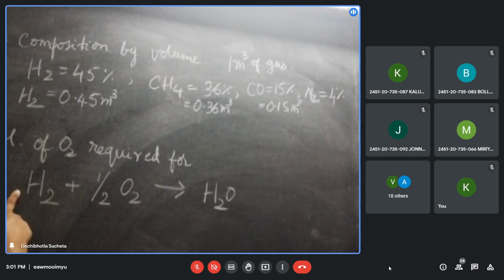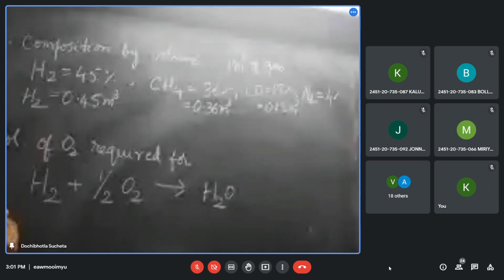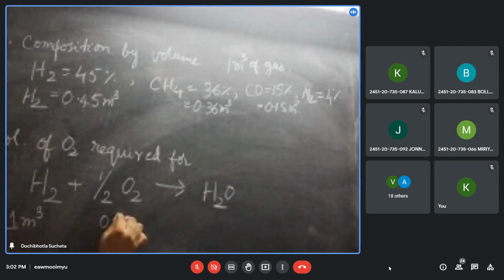That means 1 mole requires 0.5 moles. Hydrogen gas requires 0.5 meter cubes of oxygen for complete oxidation. So 1 meter cube of H2 requires 0.5 meter cube of oxygen.